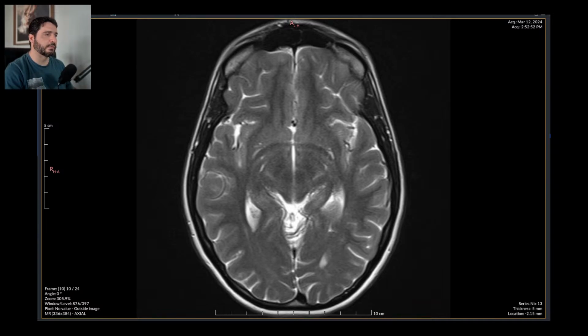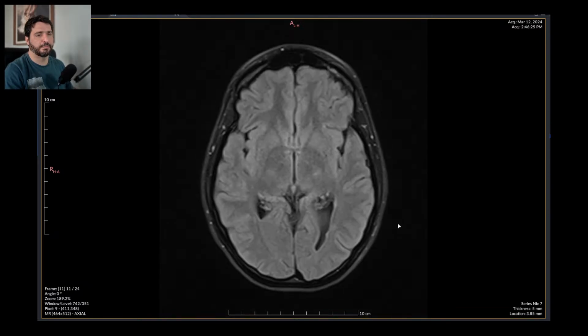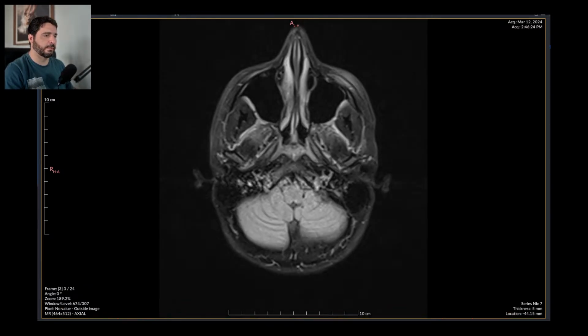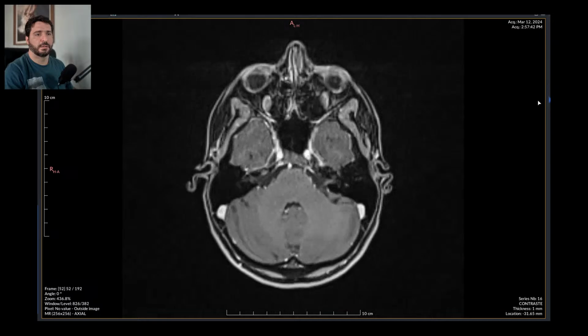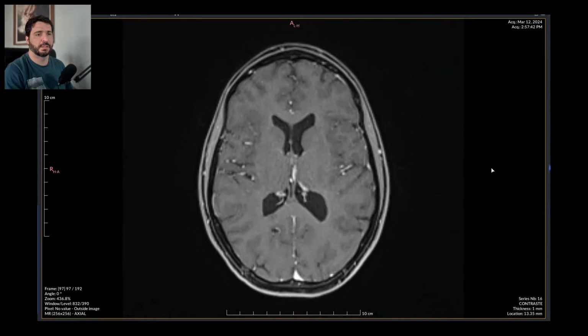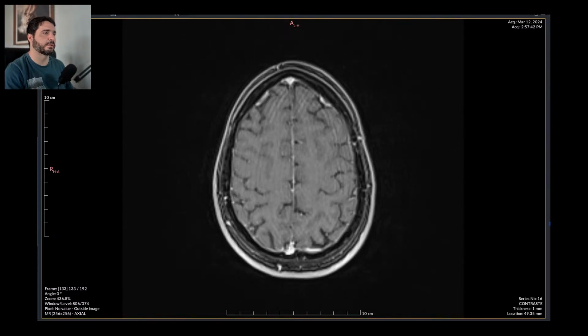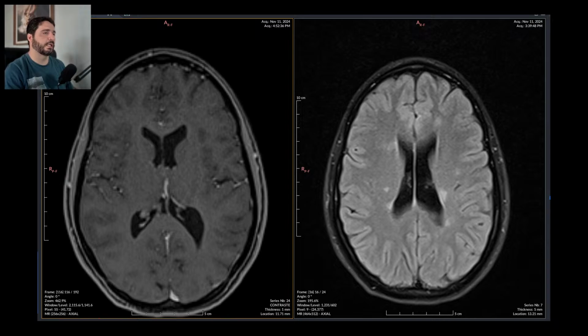They didn't do a volumetric FLAIR, so this is impossible to compare because we have no volumetric FLAIR sequence here, just a volumetric T1 shaky sequence, post contrast shaky sequence. So it's not really a properly comparable scan.